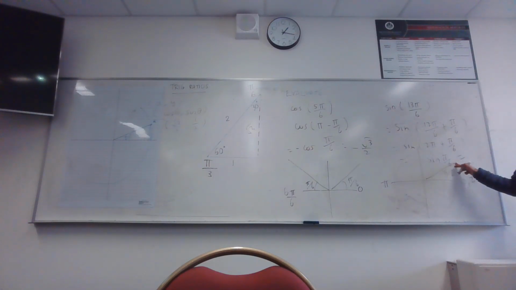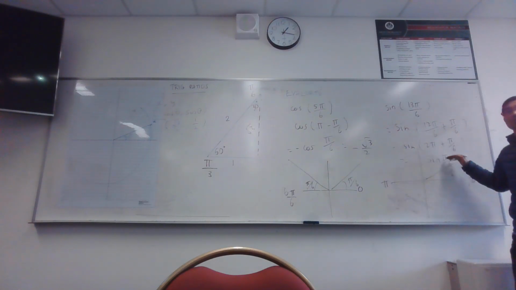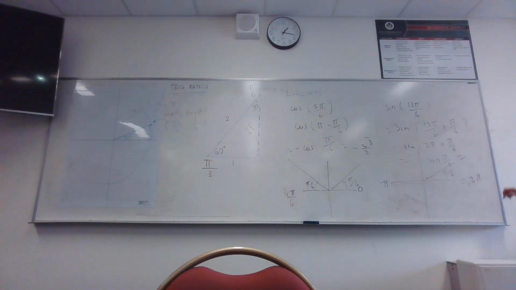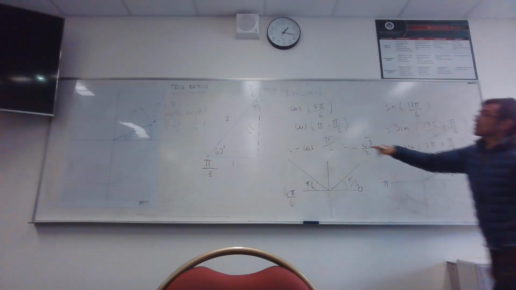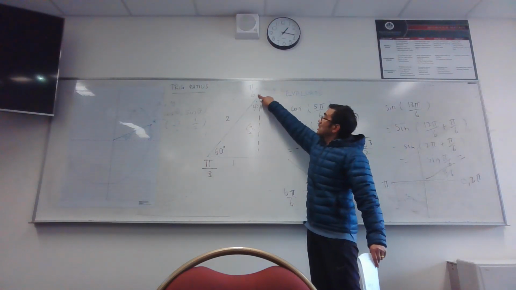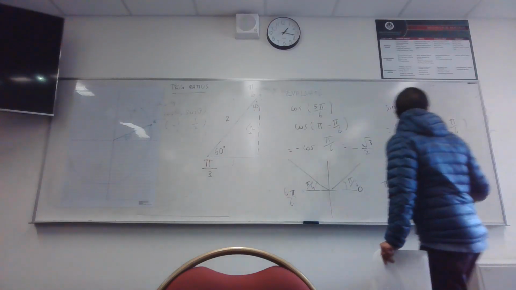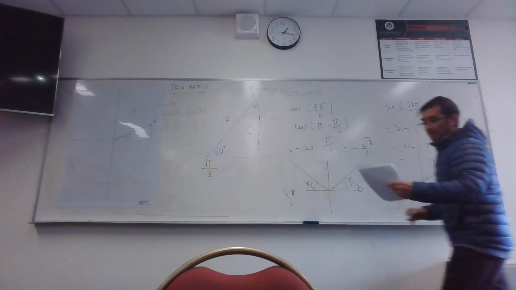So we're just really back into here. Went to pi, 2 pi, and then a little bit more. We're back at home base. Home base is home base. Sine pi on 6, opposite over hypotenuse. As Tim said, it's a half.